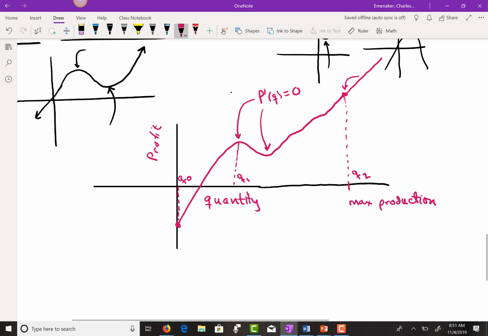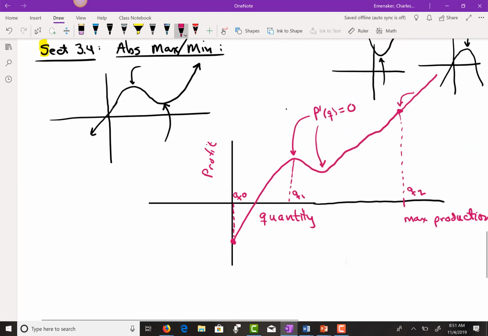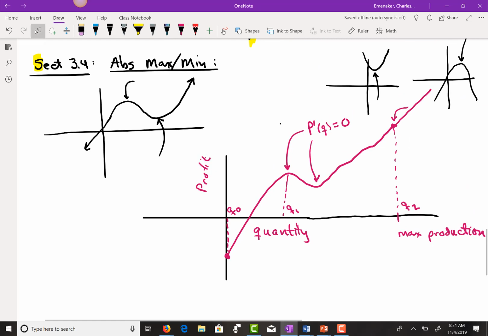One of the things that will happen in the problems that you'll be given is you will be told the maximum production is 700,000 Tide Pods a day.